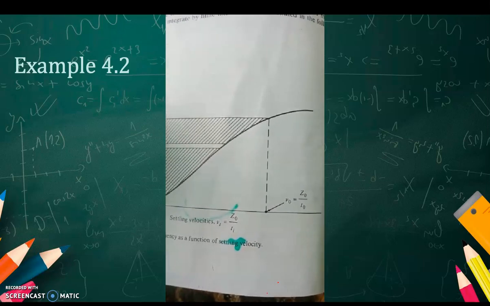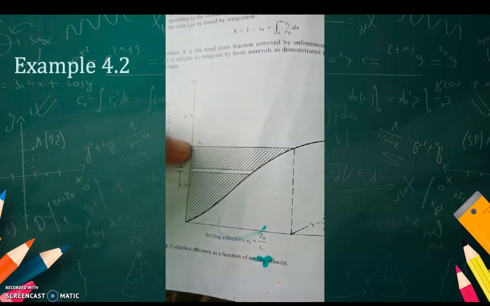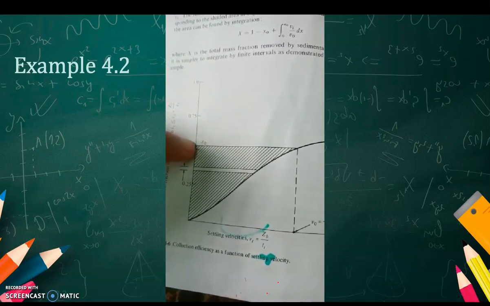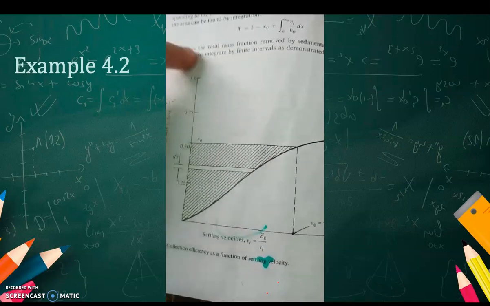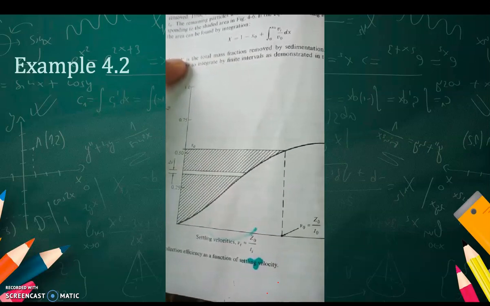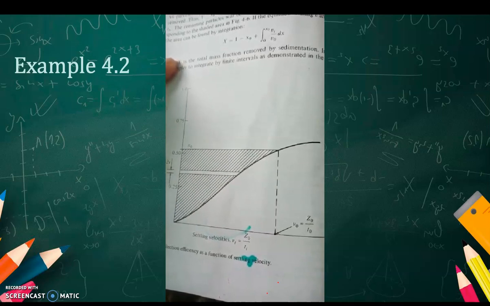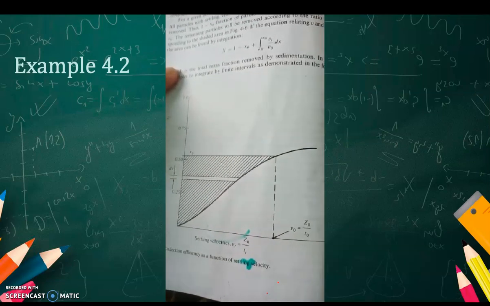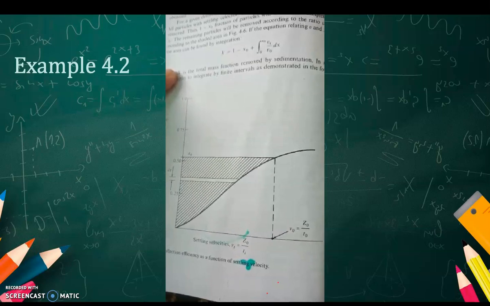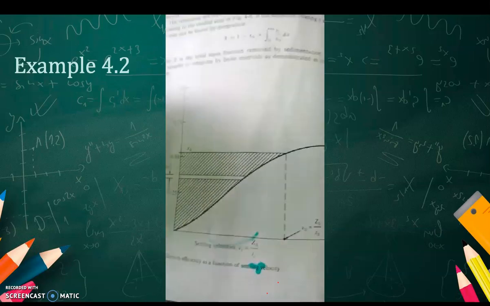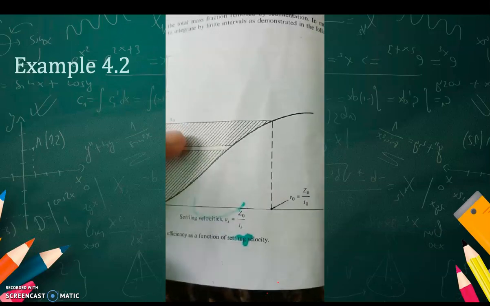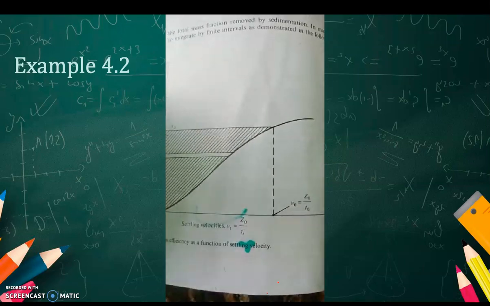Then you determine it from the graph. The area above the settling velocity is actually fully removed. So we want to know the area here.